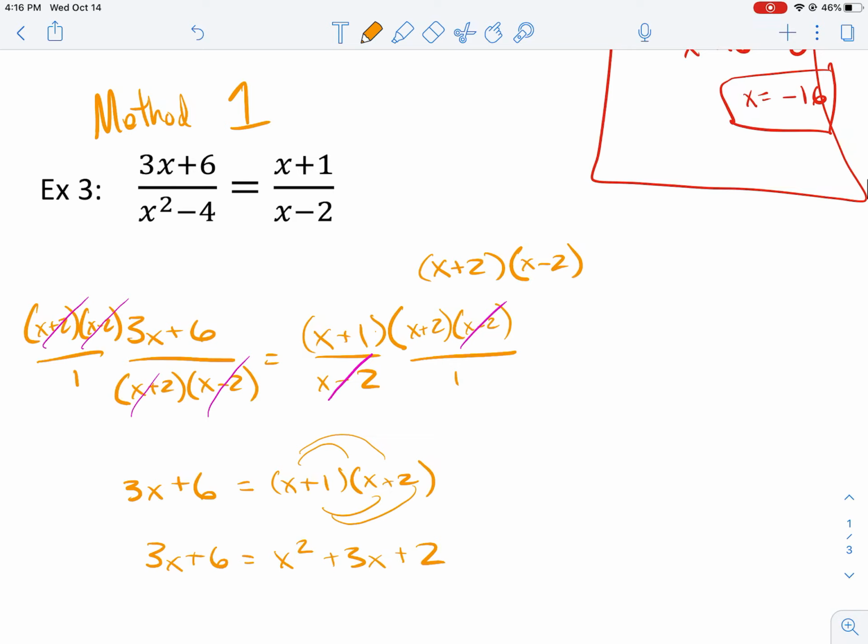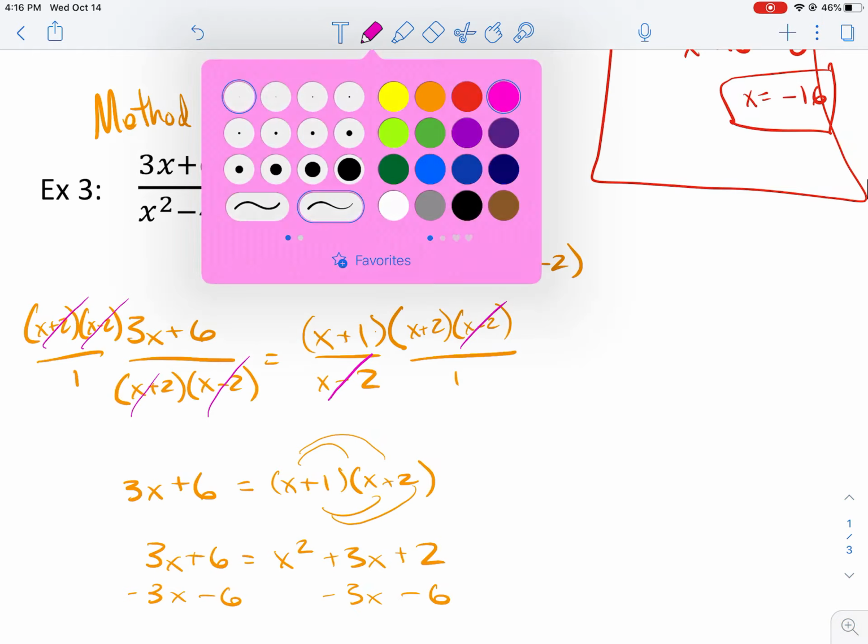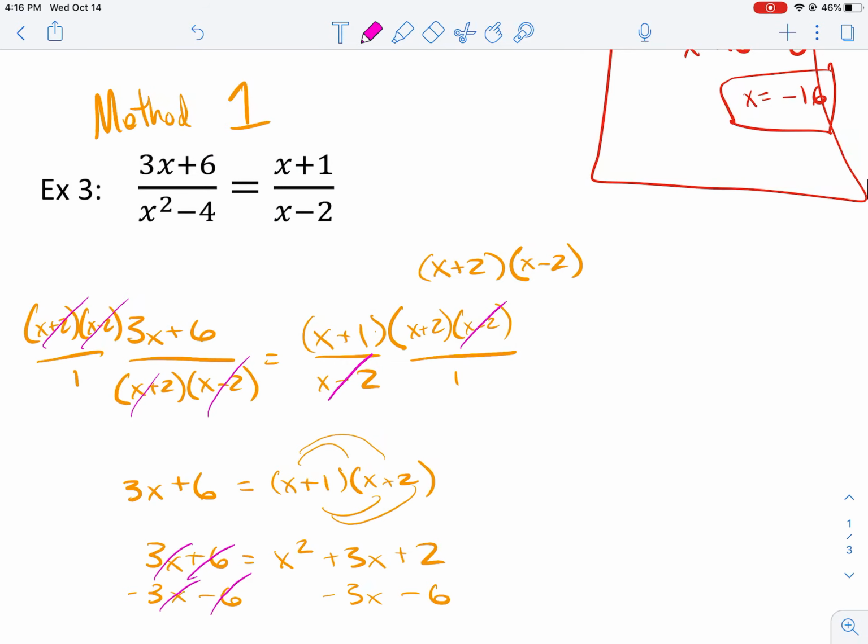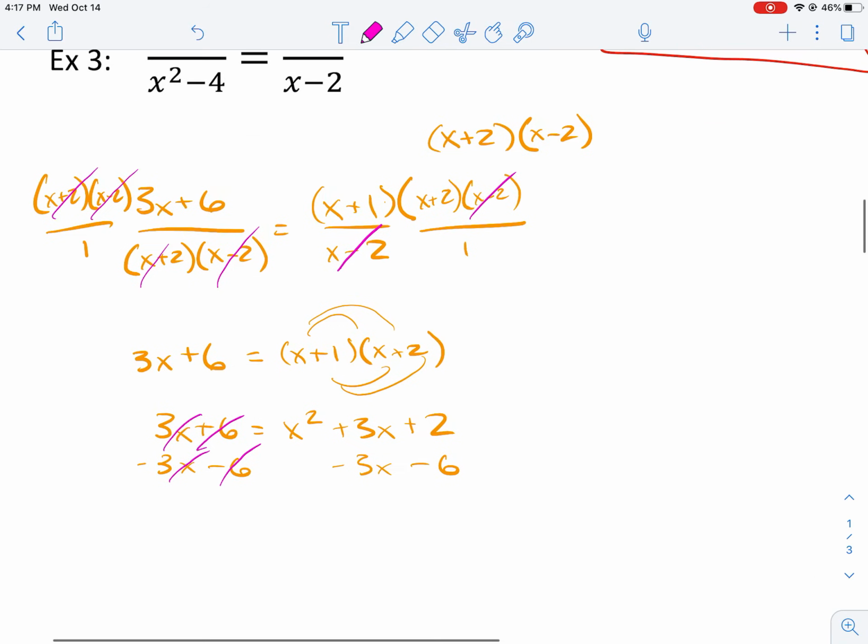Now I'm going to bring over this 3x and this 6, minus 3x minus 6. So these cancel out over here. It actually cancels over here on this side too. And so what I'm left with is 0 is equal to x squared minus 4.